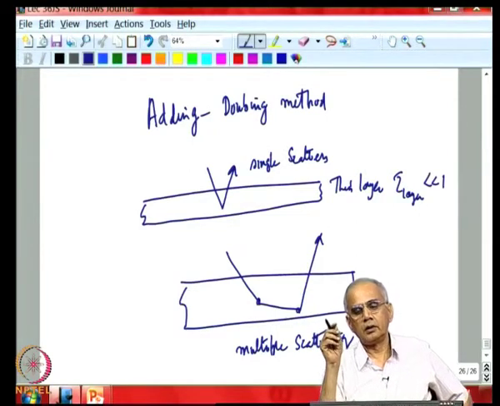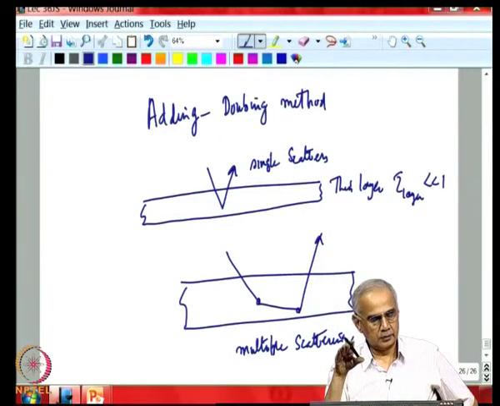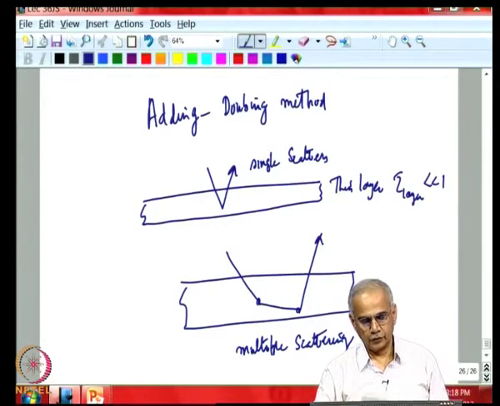So, we have derived expressions for reflectivity, transmittivity and absorptivity of layers with only single scattering. Now, we would like to know whether you can exploit those techniques of solving for thin layers to actually get solutions for fairly thick layers.